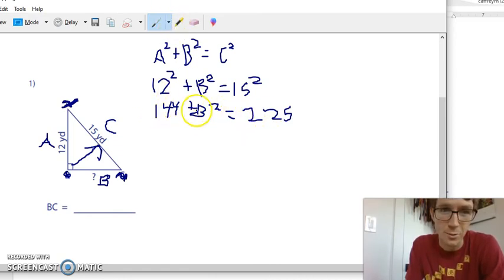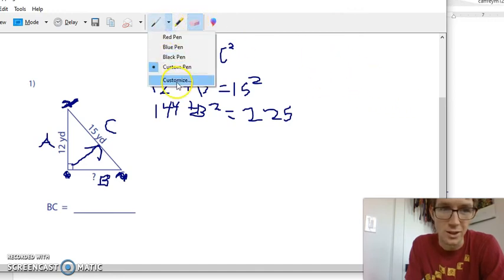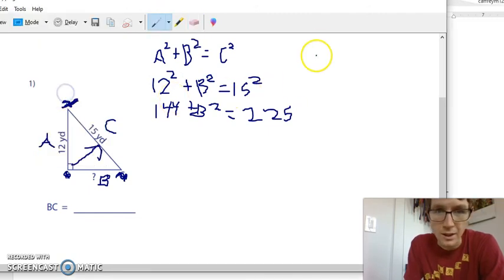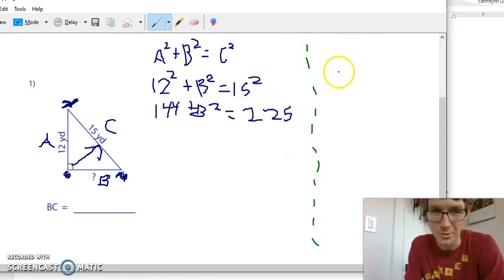Next step. Let's switch gears a little bit. I'm going to change colors. Let's say off to the side, this is a different problem, but I just want to show you where the algebra is coming from.